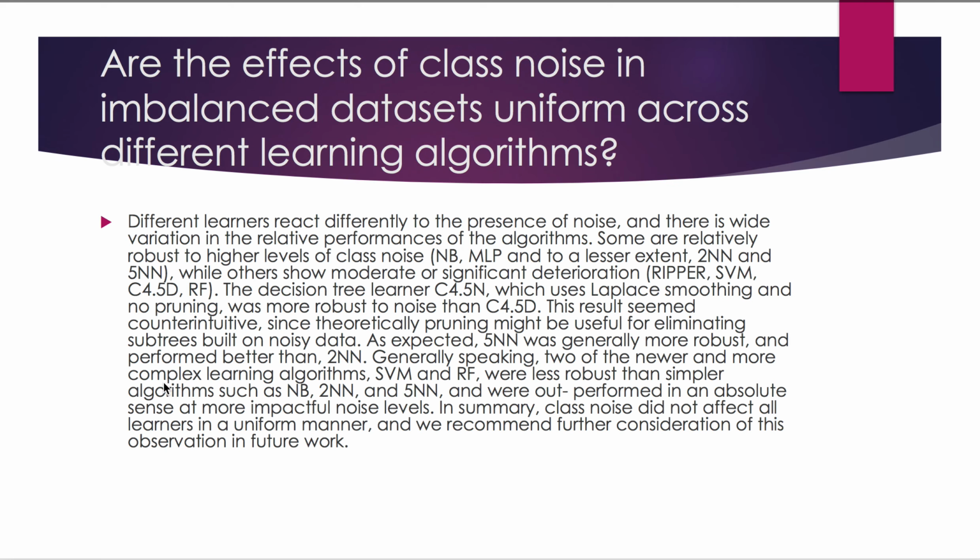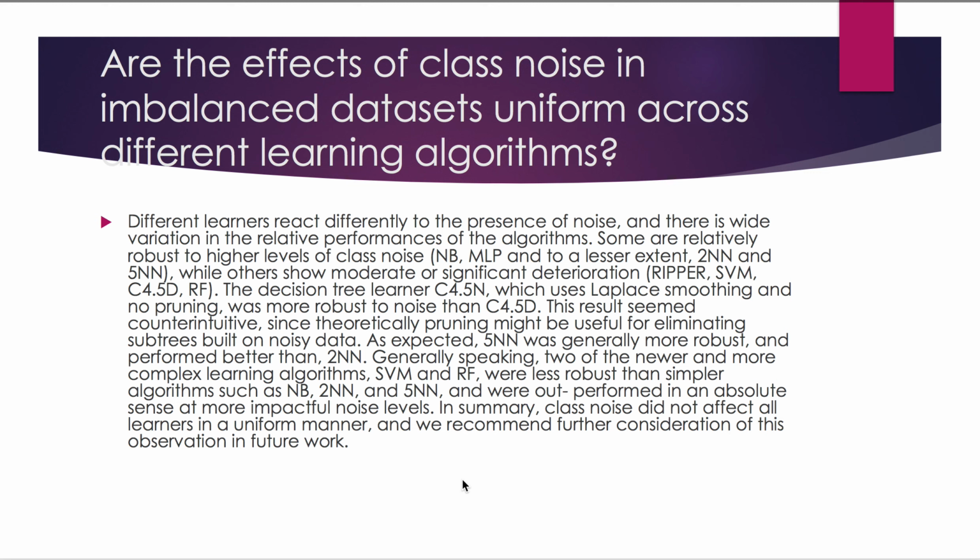For the results, in the beginning of this paper it raised questions about whether the effect of class noise in imbalanced data sets is uniform across different learning algorithms. It points out a really interesting thing: pruning is actually not really helpful.